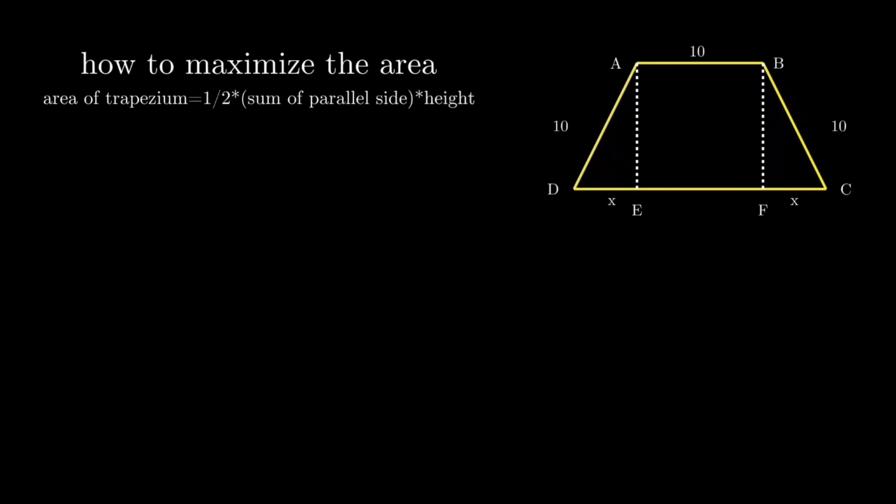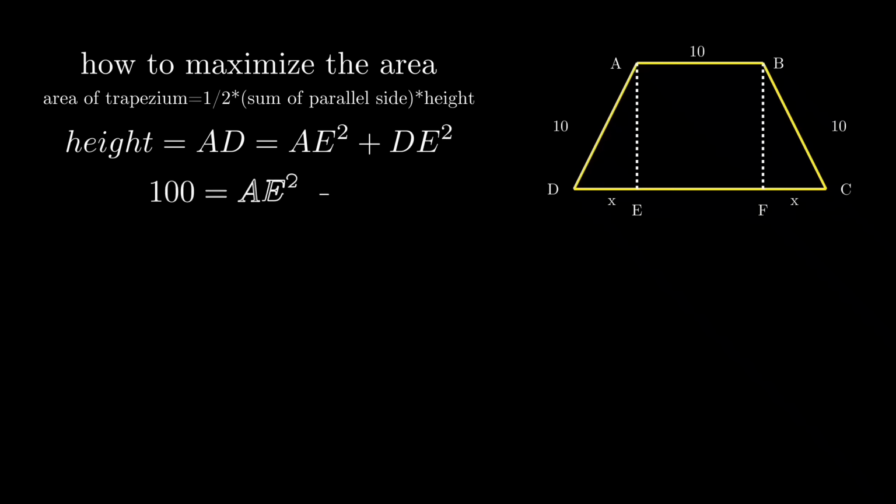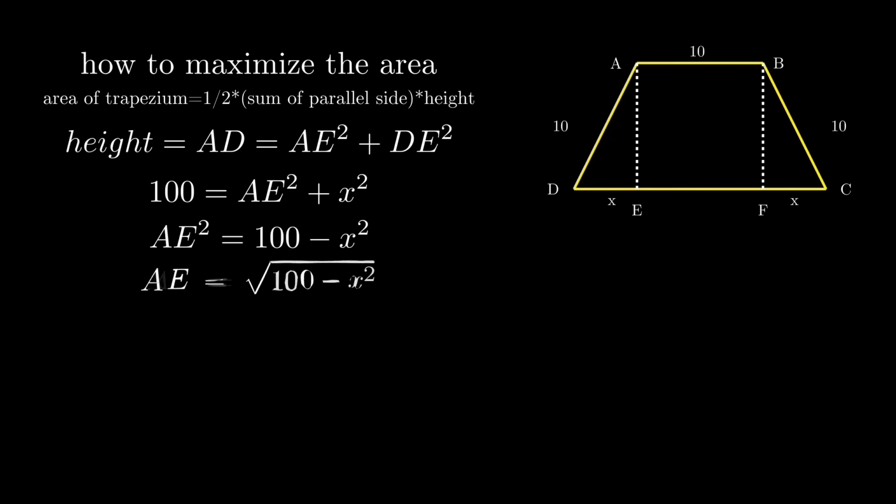So first we find the height of the trapezium. In triangle ADE we use the Pythagoras theorem. So we get AE, that is the height of the trapezium.